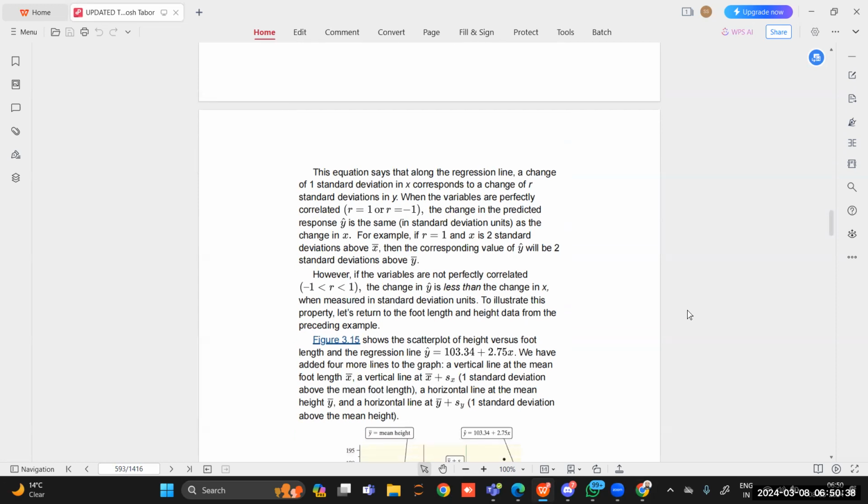When the variables are perfectly correlated, r equals +1 or -1, we know that. The change in the predicted response variable, that's y hat, is the same as the change in x. For example, if r equals 1 and x is two standard deviations above x bar, then the corresponding value of y hat will be two standard deviations above y bar. That's all simple.